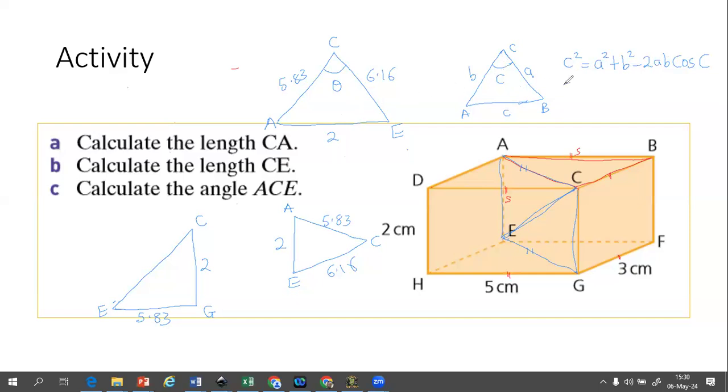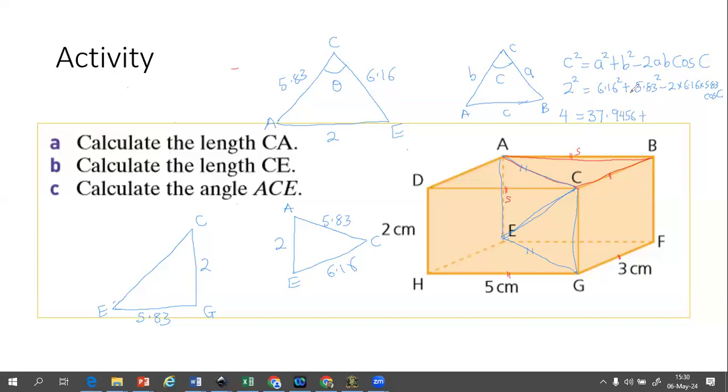C squared for this case is 2 squared is equal to A squared, which is 6.16 squared, plus 5.83 squared, minus 2 times 6.16 times 5.83 cos of C. So can we place our calculators? 2 squared we get 4. 6.16 squared we get 37.9456.